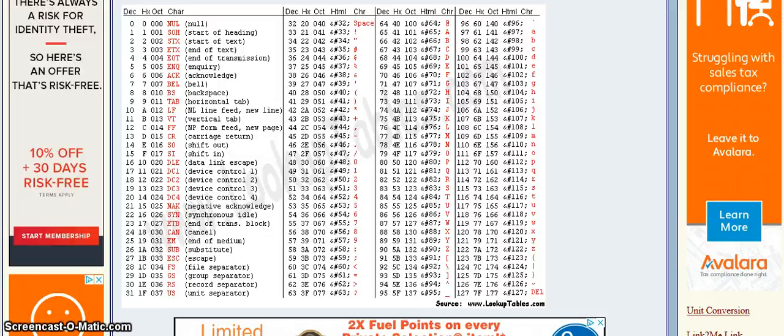An easier one to convert off the top of my head is the number 2. So if I wanted to turn the number 2 into binary, my first position is 2 to the 0 power, which is 1. My second position is 2 to the first power, which is 2.